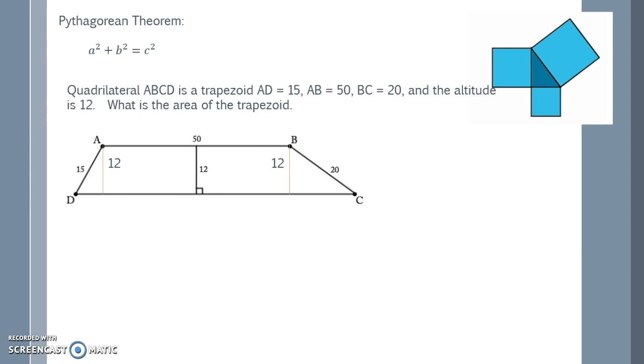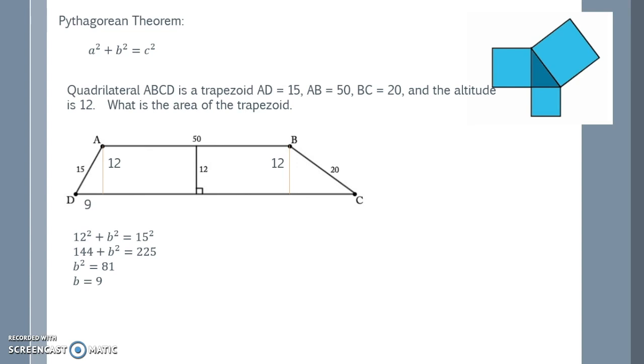So then I can find the smaller lengths of the legs of my right triangles as follows. Giving me 12 squared plus b squared is 15 squared, or 144 plus b squared is 225. Subtracting 144 from both sides, b squared is equal to 81, so the length of this leg is 9.